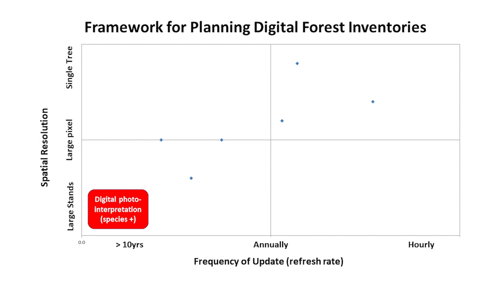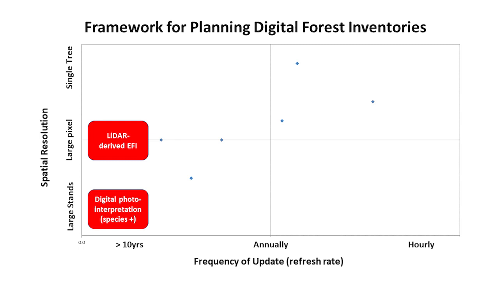So for example, digital photo interpretation, really the cycle I don't think can be better than every 10 years because of the cost of acquisition. And then you're still dealing with large polygons. With digital photo interpretation, you're not going to look at species composition for a 10 meter by 10 meter raster. It's at that end of the scale.